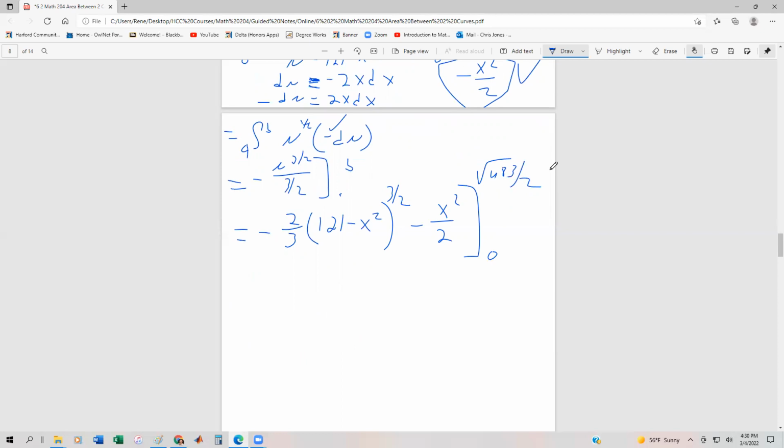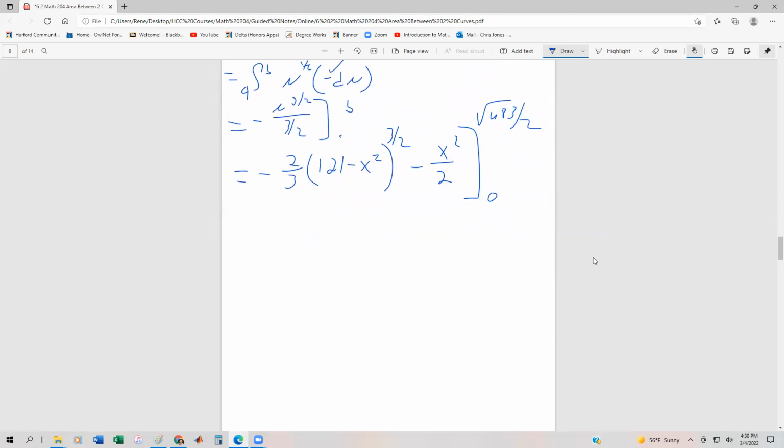Now beware of this. Notice that we have 0 as a lower bound. 0 does not wipe out all the terms. It will wipe out this last one, but it won't wipe out the first. So let's just plug in term by term. We get negative 2/3 times 121 minus root 483 over 2 squared, to the 3/2, minus root 483 over 2, and that's squared.